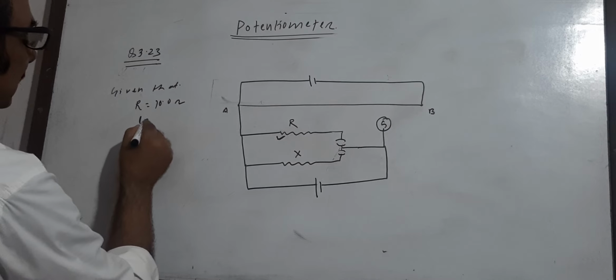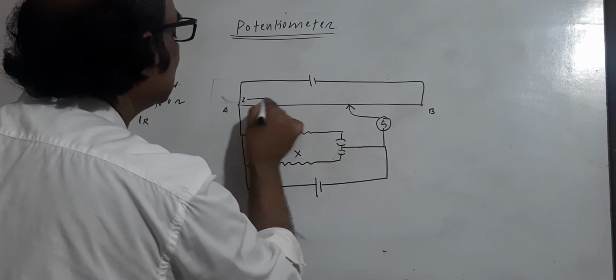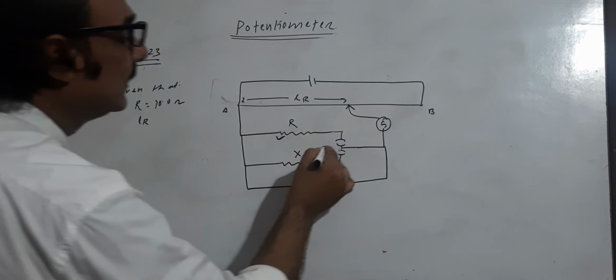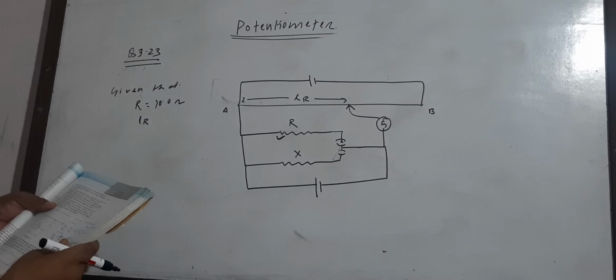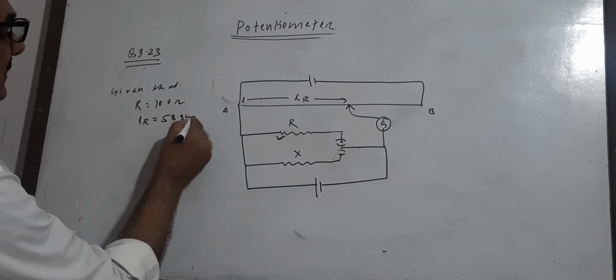So LR, the balancing length, is the length for the resistance R when it is closed. So LR equal to 58.3 centimeter.